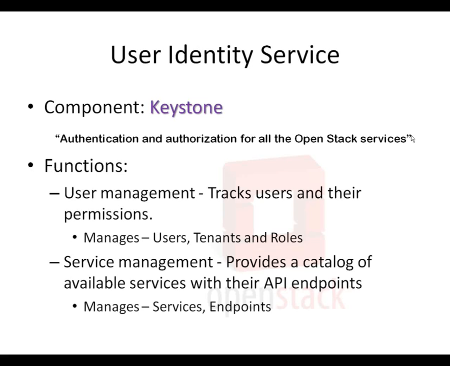So who provides that to OpenStack, and how does OpenStack deliver it to the end user? This is all done through the user identity service. The component is Keystone. This is the tagline for the service: authentication and authorization for all the OpenStack services.